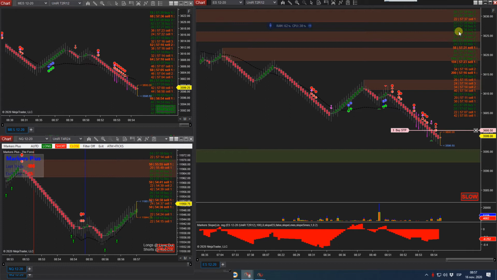There goes the buyers in the tape in the ES. 1, 2, 3, 4, 5, 6 prints in the same second, but small prints, not big prints, so it's not too convincing yet.